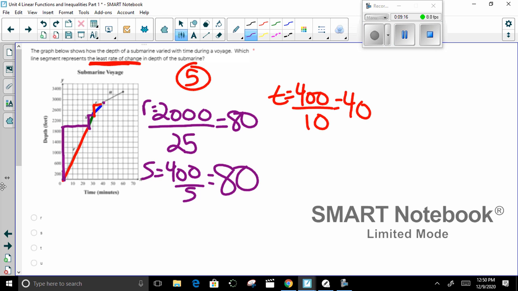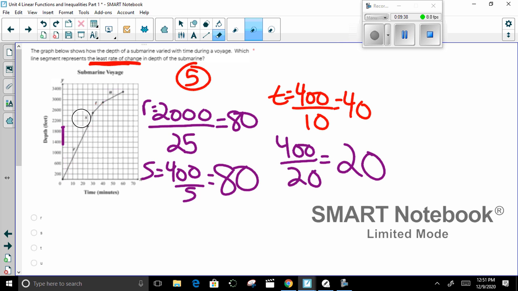So it looks like it starts at 2,900. So I got 100, 200, 300, and another 100 because it's halfway. So that's 400 divided by 5, 10, 15, 20, would be 20. So which one of these has the least rate of change?